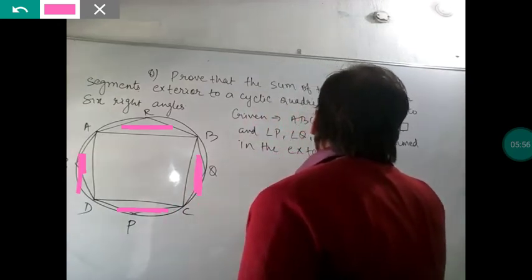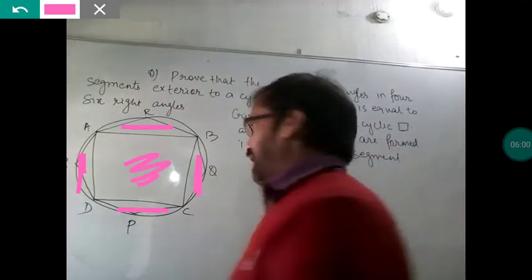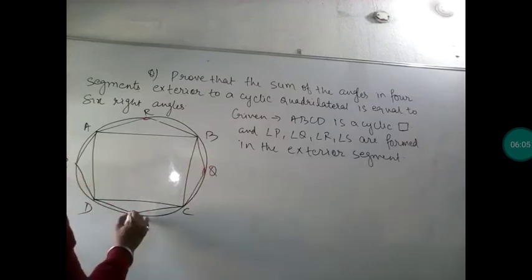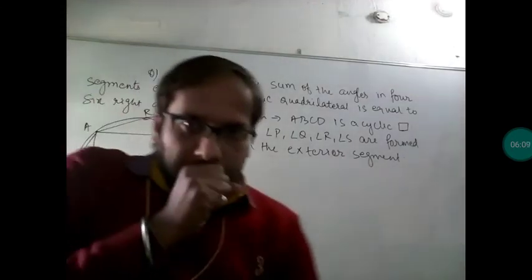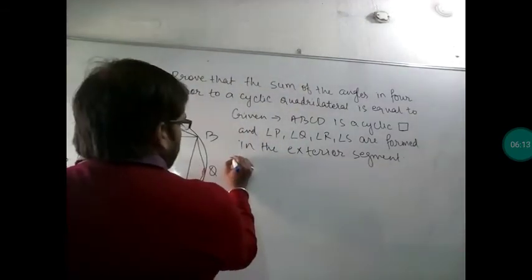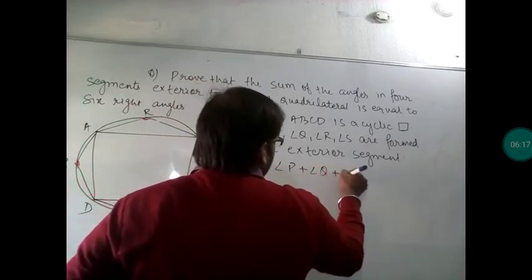So these angles have been made in the exterior segments of this cyclic quadrilateral. We have to prove that the sum of P, Q, R, S is equal to 6 right angles, that means 6 into 90, that is 540 degrees. Okay, so we have to prove this.